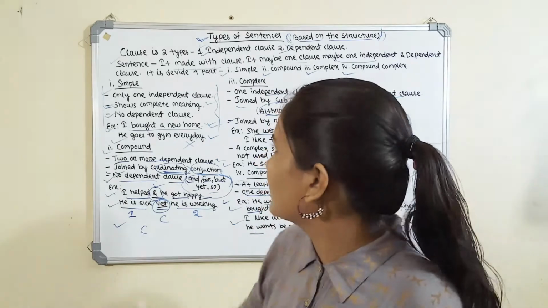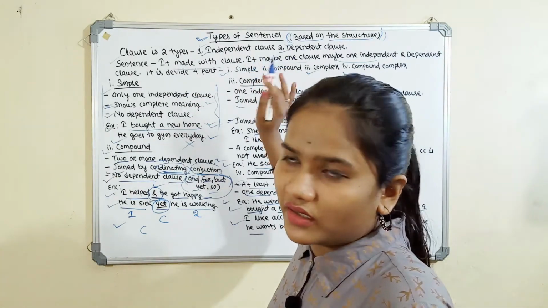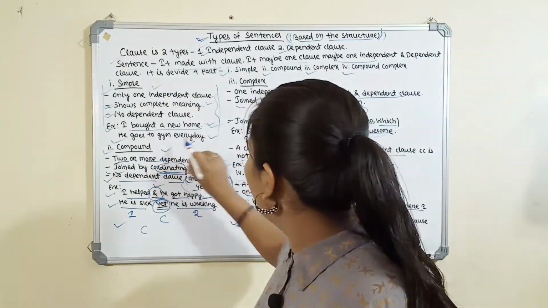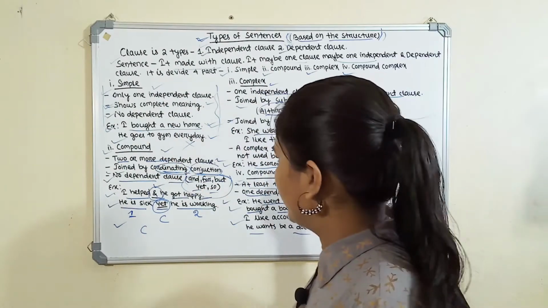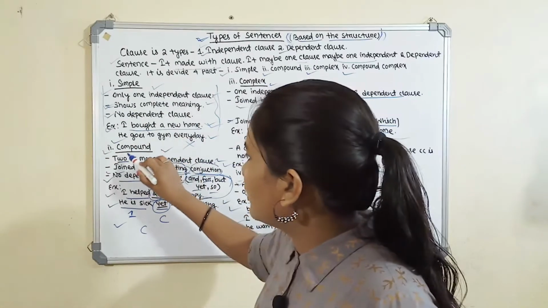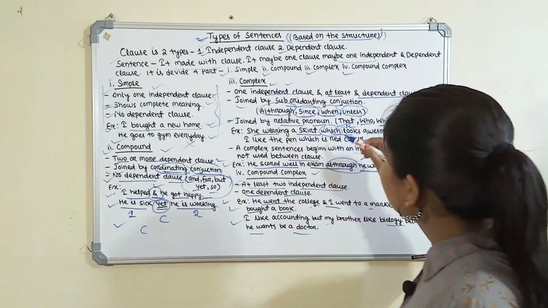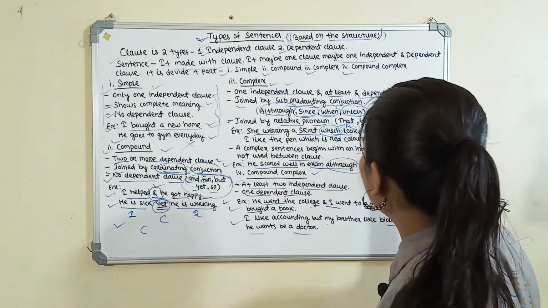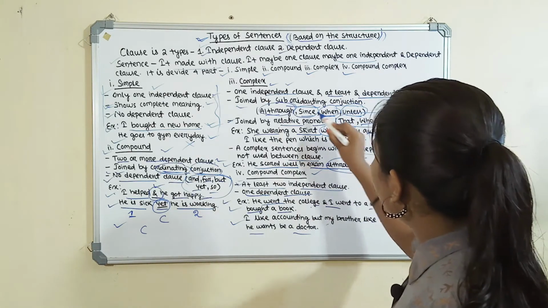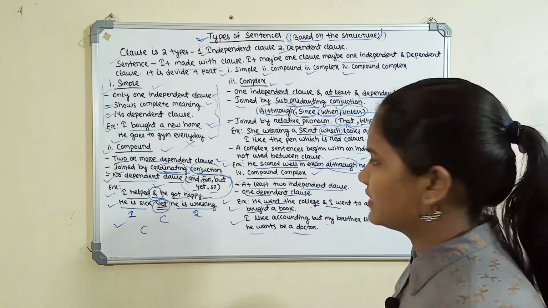Next we learned the base of sentence structure and also the base of the clause, that is, sentences are divided into four types: simple, compound, complex and compound complex. Simple sentences have only an independent clause, and compound sentences have two or more independent clauses. Complex sentences are very important: a relative clause or a subordinating conjunction should be there.